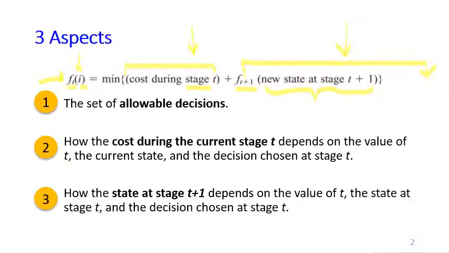Usually the biggest influence comes from the decision. So how your state changes from i to become the new state at the stage t plus 1 is usually largely influenced by your decision at this stage.